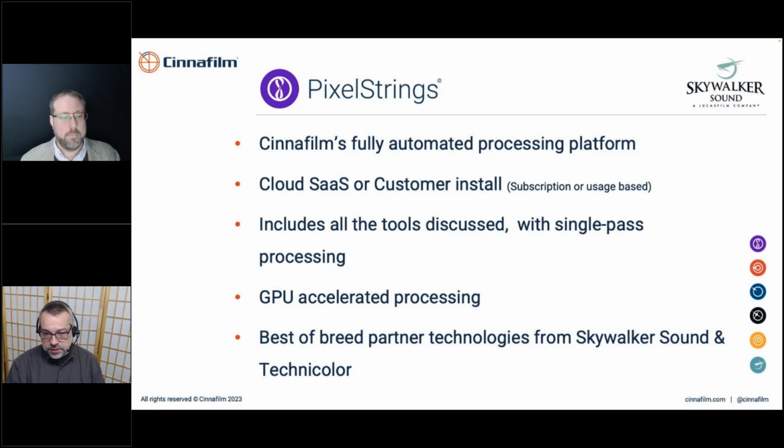It uses GPU accelerated processing, and we partner with best of breed technologies from people like Skywalker Sound, Lucasfilm, and Technicolor to build out additional functionality in the tool set. And then obviously we integrate tightly with people like Perifery and Object Matrix to help customers automate their end-to-end workflows.